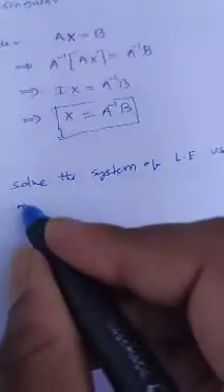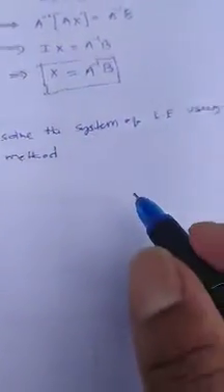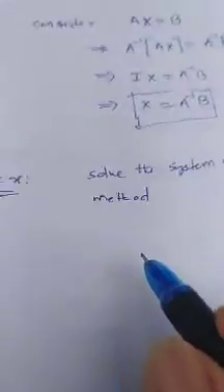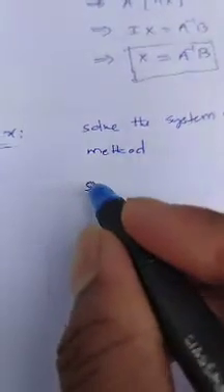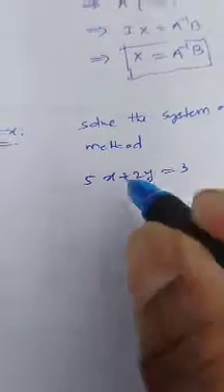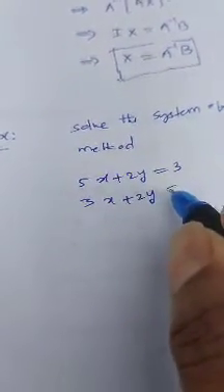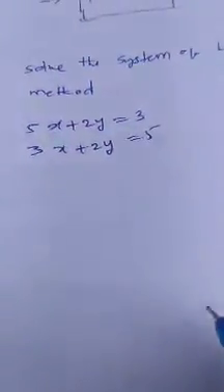The equations are: first equation 5x plus 2y is equal to 3. Second equation is 3x plus 2y is equal to 5. So we have two equations.